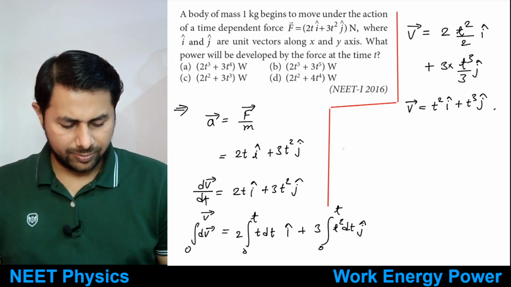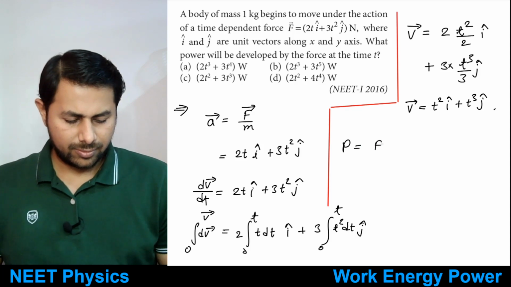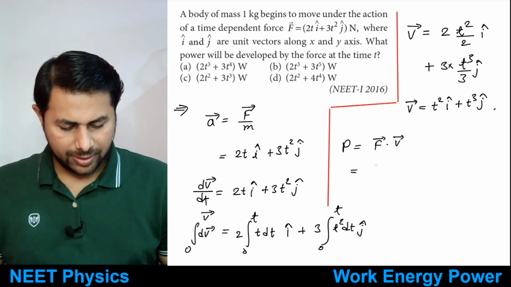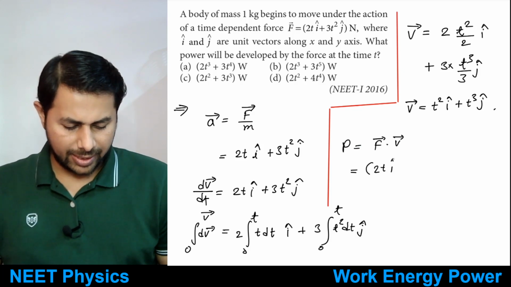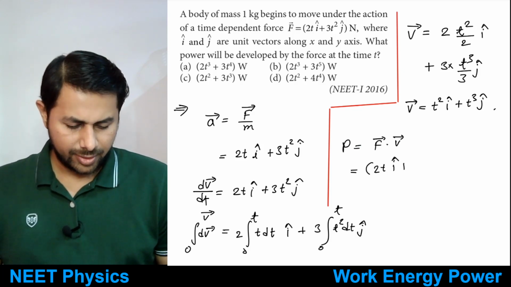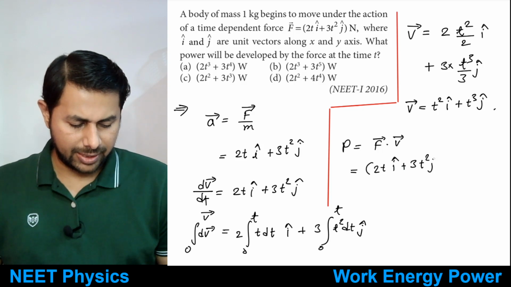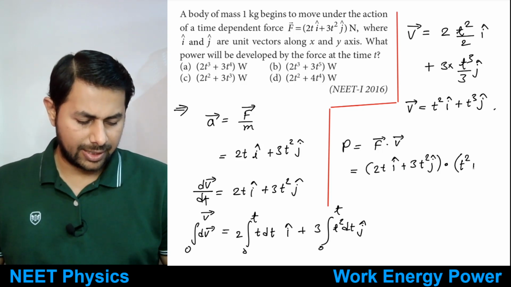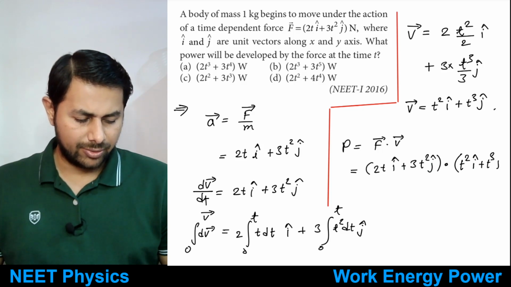And what's the power? Power is equal to f bar dot v bar. What's f bar? 2t into i cap plus 3t square times j cap, and you take its dot product with t square i cap plus t cube j cap.